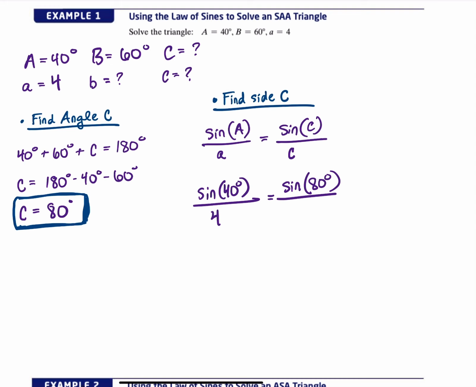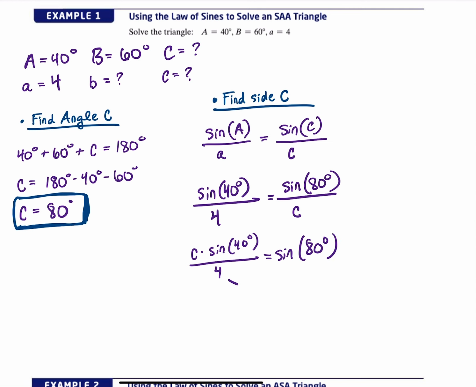And we need side length C. So if we rearrange this a little bit, if I multiply the C over to the other side, I would get C times the sine of 40 over 4 equals the sine of 80.